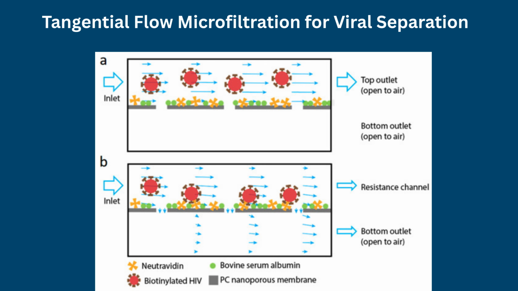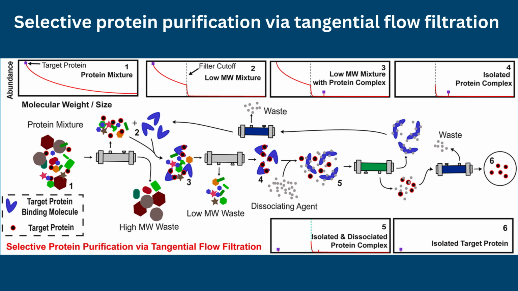Outside biotechnology, TFF is widely used in food and beverage processing for whey protein concentration, milk fractionation, juice clarification, and microbial stabilization. Water treatment industries employ cross-flow membrane systems for desalination, wastewater recycling, and contaminant removal.